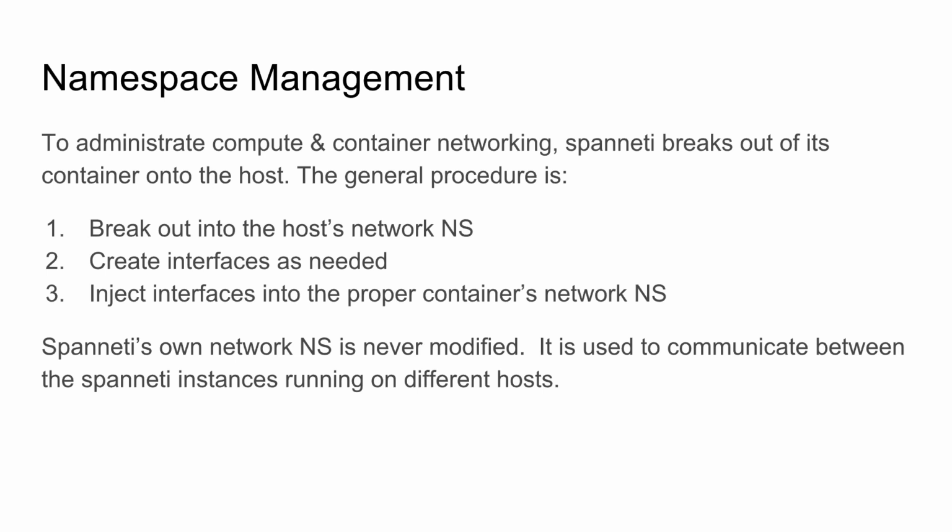Spanneti then uses that to break out of its container and manage the networks for the other containers. So it uses that to break onto the hosts, grab the Fabric interface, and add interfaces onto that. It also breaks onto the hosts, creates peer interfaces, and injects them into containers as needed.